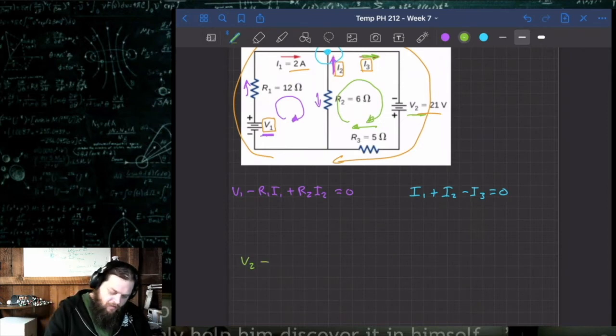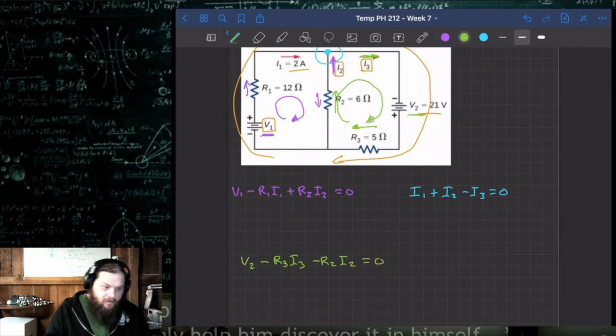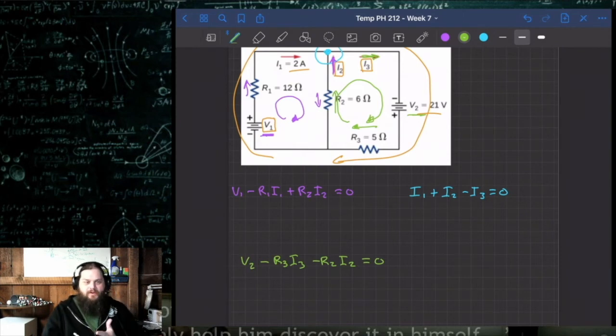So it'll be a voltage drop. That's R3 I3. And that's going to go up here, same direction as the current. So that's going to be minus R2 I2. And that whole thing should equal 0. So now we can just use these systems of equations to solve for it.